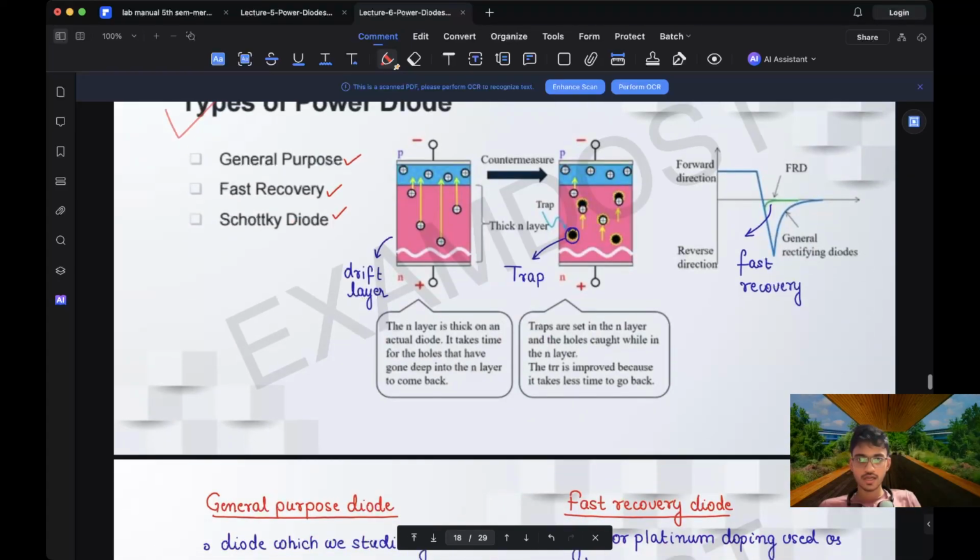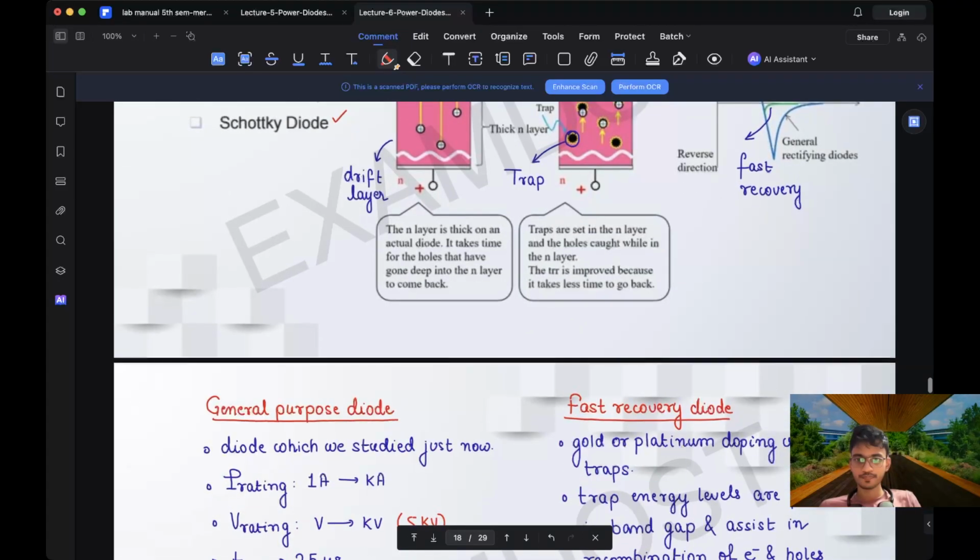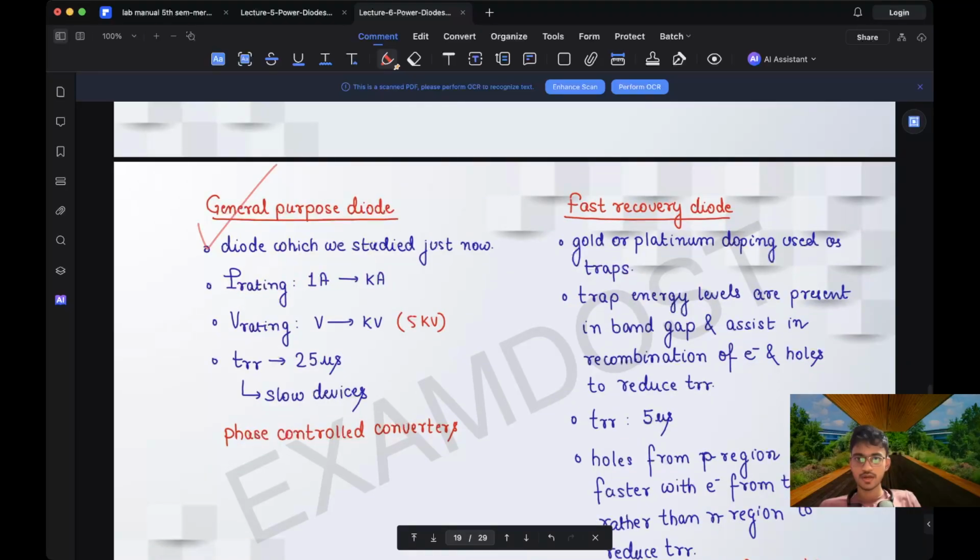Types of power diode. The general purpose diode we studied just now is a slow device because the recovery time takes too much time.